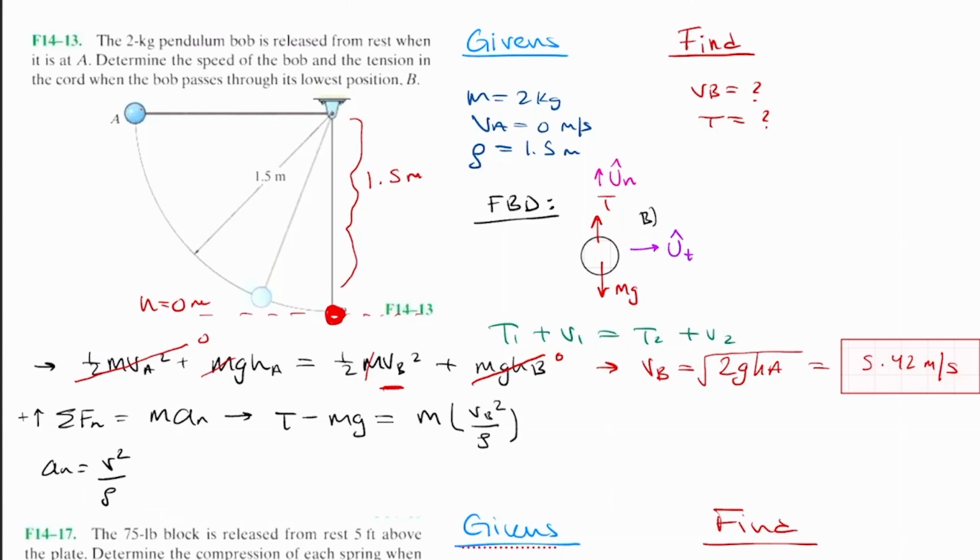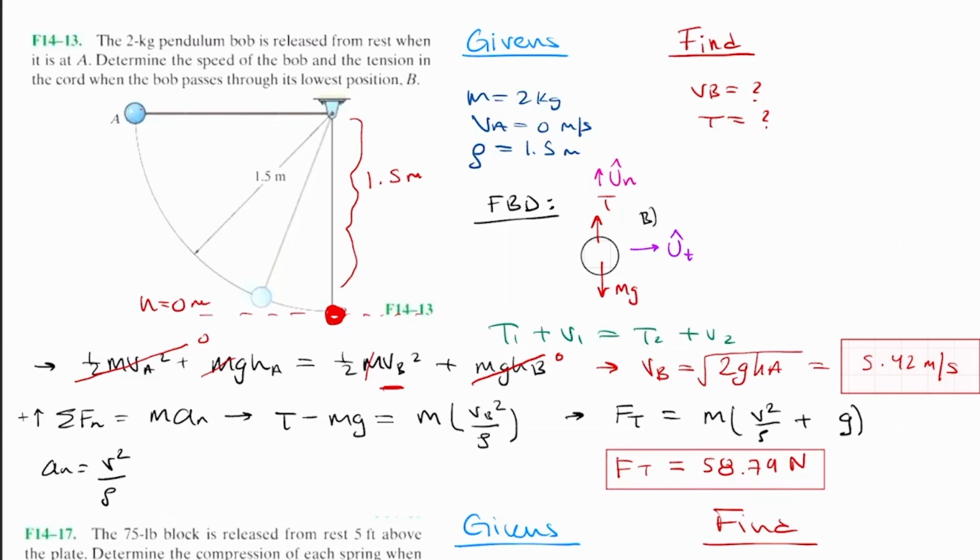Rearranging, we get the tension in the cable. This T is not kinetic energy, this is the tension of the cable, so I'm going to call it force T to make a difference. Force tension equals mass times v squared divided by rho plus gravity, factoring out the mass. Plugging in the velocity, all those things are known, you will get that the force of tension in this string equals 58.79 newtons, using kinetics in the normal-tangential directions. Pretty straightforward.